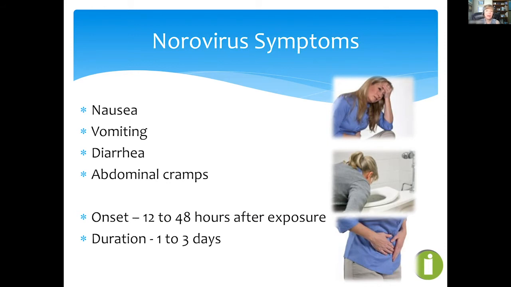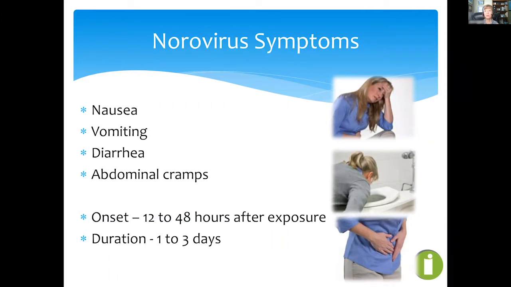So, the good thing about norovirus is that it doesn't make you really, really sick. You're just inconvenienced with projectile vomiting and explosive diarrhea for 1 to 3 days, and then you're over it.